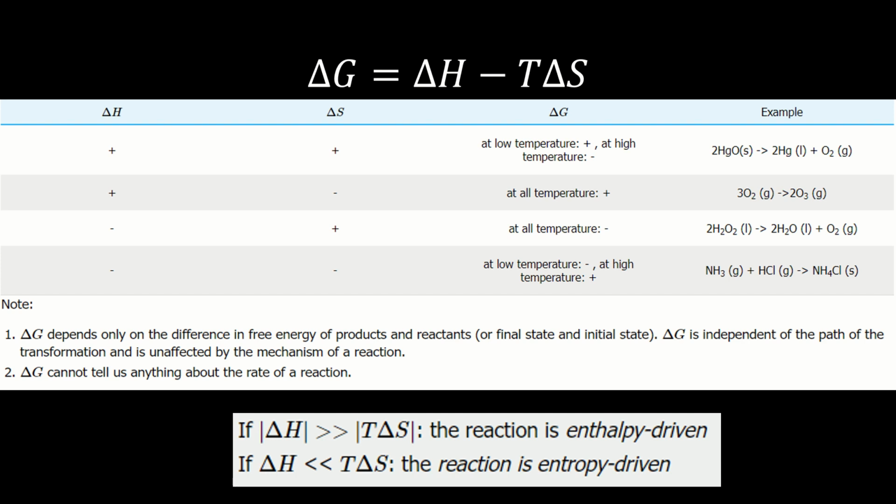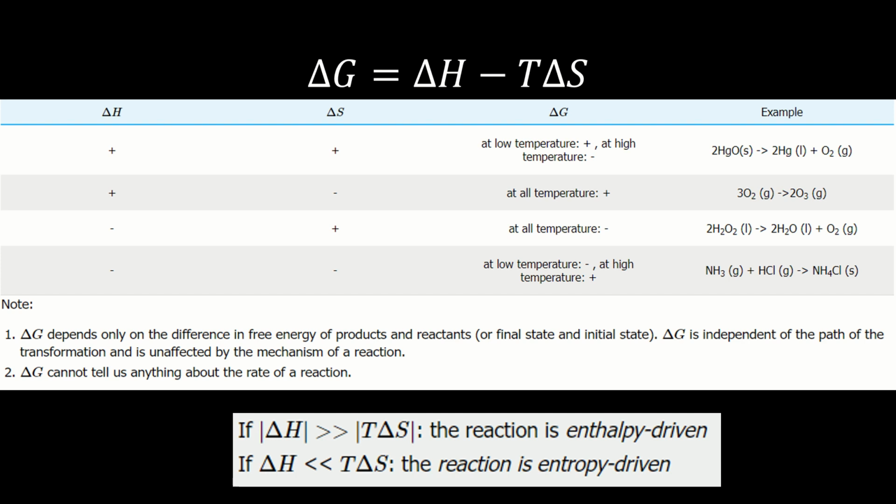And if the absolute magnitude of enthalpy is greater than the product of temperature and entropy, then that means that we would overall have some very large positive value minus a smaller positive value, or we would have a very, very large negative value minus a very, very small negative value. Which in the end means that whether the reaction is spontaneous or non-spontaneous, it's enthalpy driven.